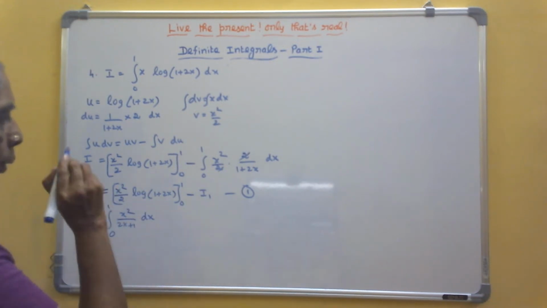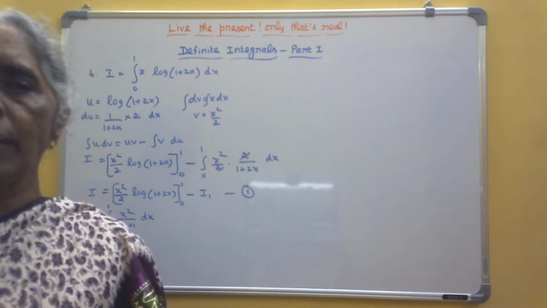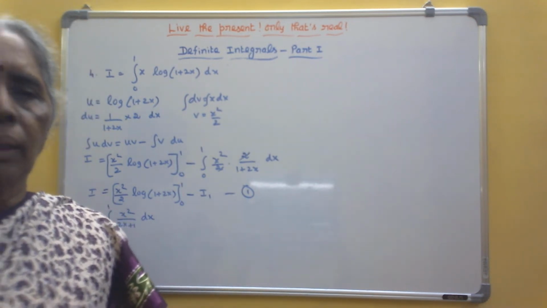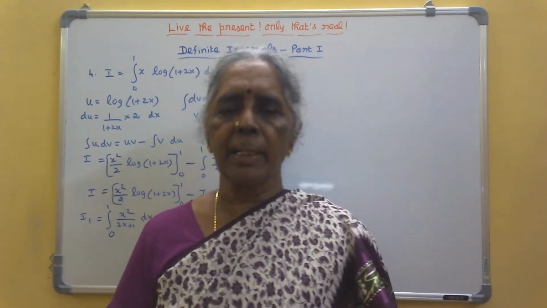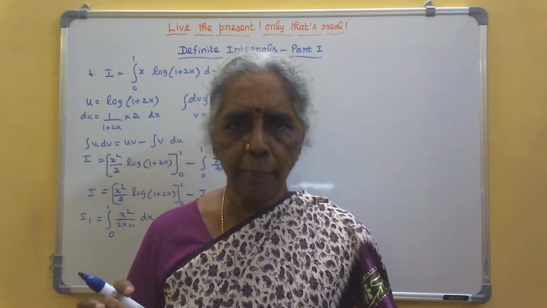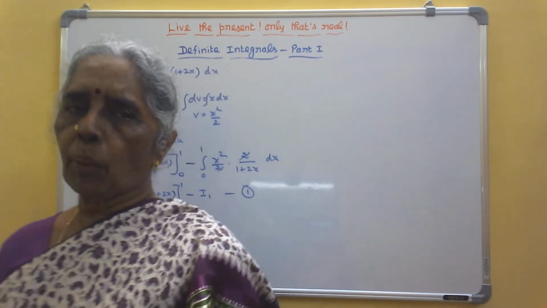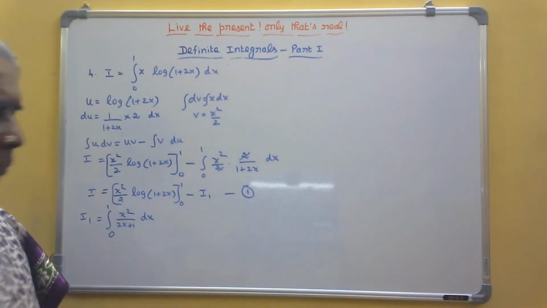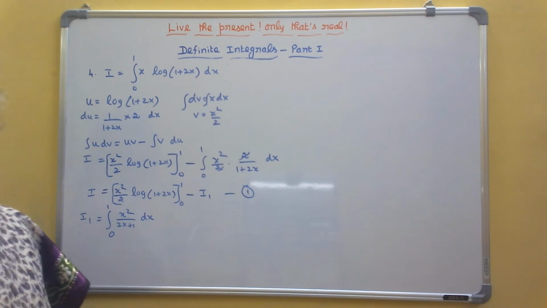The limit is 0 to 1. Now if you look at the numerator and the denominator, the degree of the numerator is greater than that of the denominator. So what should you remember now? Divide, because it becomes an improper rational function. So you have to divide and express it as quotient plus remainder by divisor.